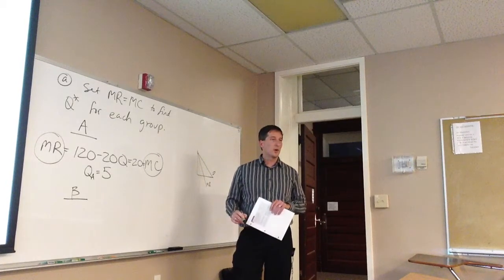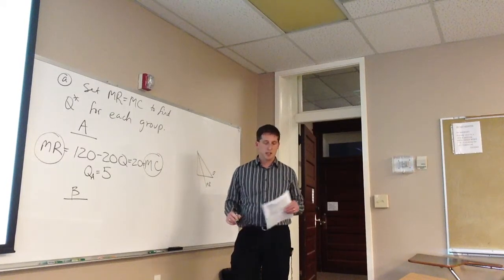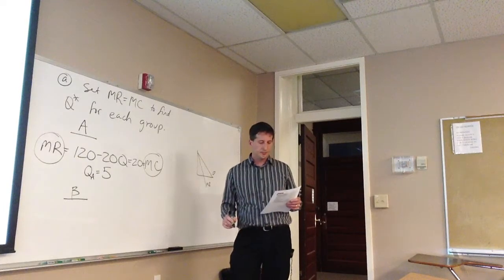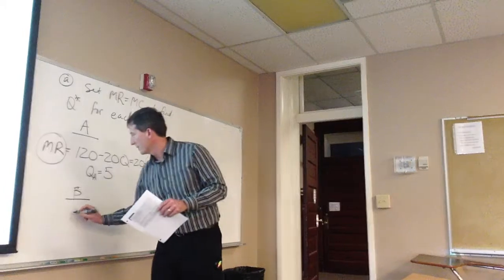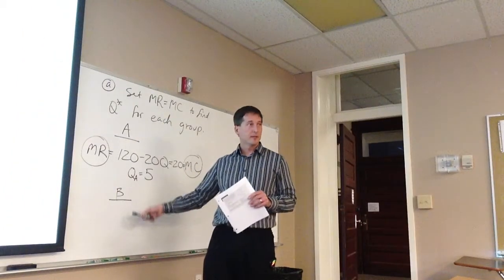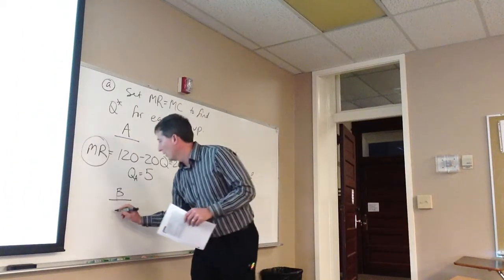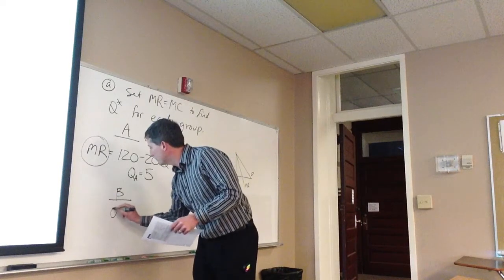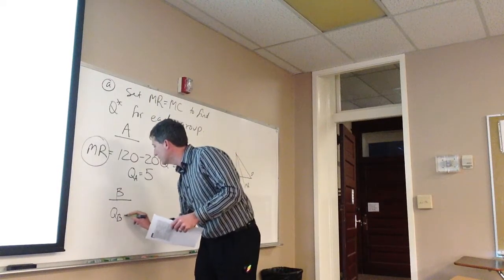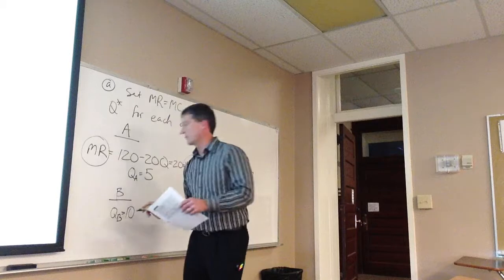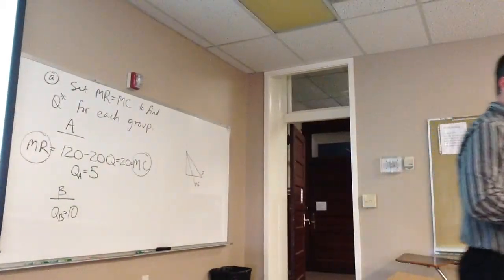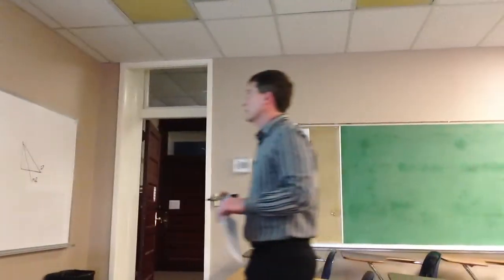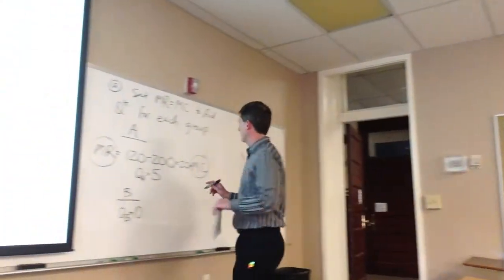What'd you guys get for B? For quantity. 10 for B. For the marginal cost, because it says per user.